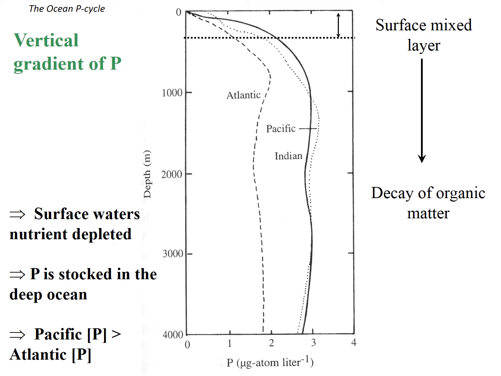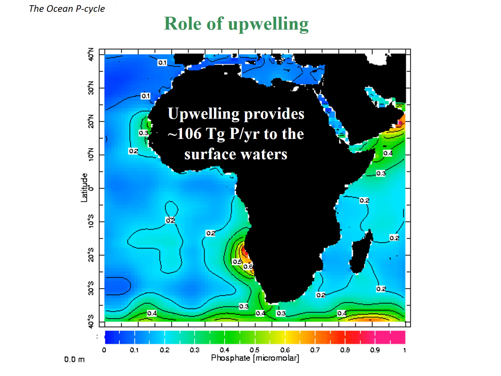So we basically have this extra source of nutrients, phosphate and nitrogen, to the surface ocean from the deep ocean. And the deep ocean is very, very big compared to the surface ocean, so it can supply lots and lots of nutrients. You can see that here: this is a map of the ocean around Africa, with the concentration of phosphate.